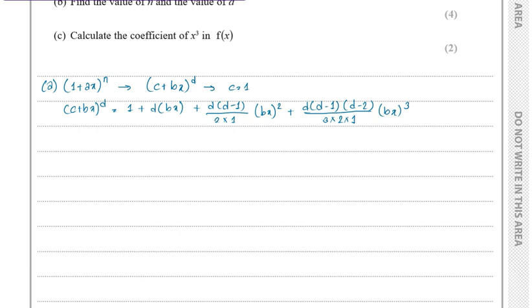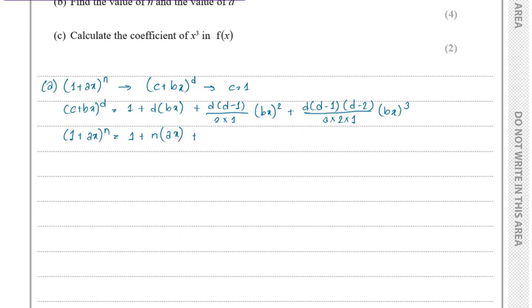So for the given expression, (1 + ax) to the power n, c is equal to 1, a is equal to b, and d is equal to n. So 1 plus d is equal to n, so it will be n. b here is equal to a, so it will be ax.